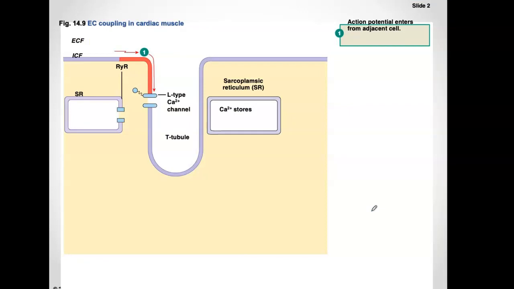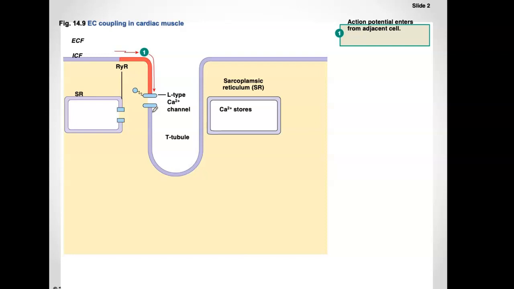Step number 1, you have an action potential that's arriving from a neighboring cell because you had that gap junction. Here it is in red. This action potential is traveling down the T-tubule now, and it's going to hit this particular channel, called an L-type calcium channel. So that's different. You have a calcium channel there now.